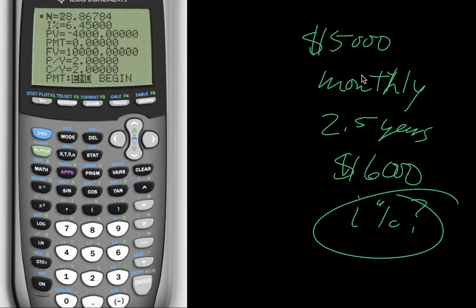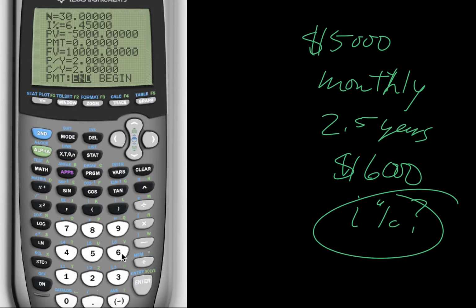Okay, so once again, monthly 12 times for 2.5. So 12 times 2.5 is going to give us 30. So we enter 30. The interest is what we want to know, so just skip over that. The principal amount is 5,000. Payments are still 0, we're not dealing with that.